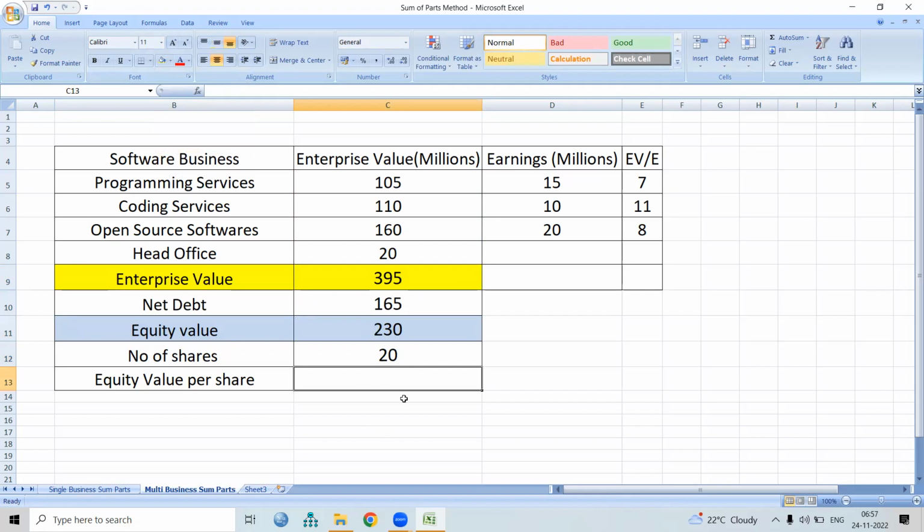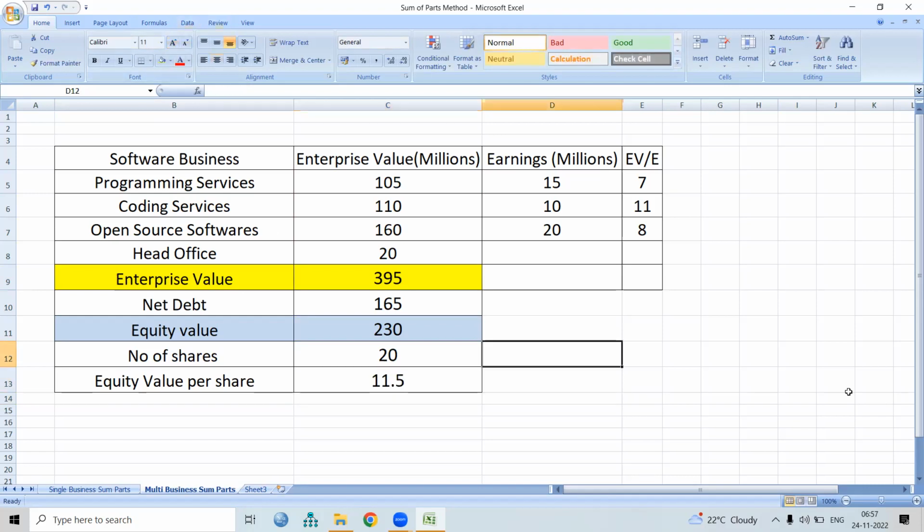So let's find out 230 million divided by 20 million. Which is reference cell C11, divide this with C12. So the equity value per share is 11.15. So the equity value per share as per the multiple sum of business parts method is 11.50, right?